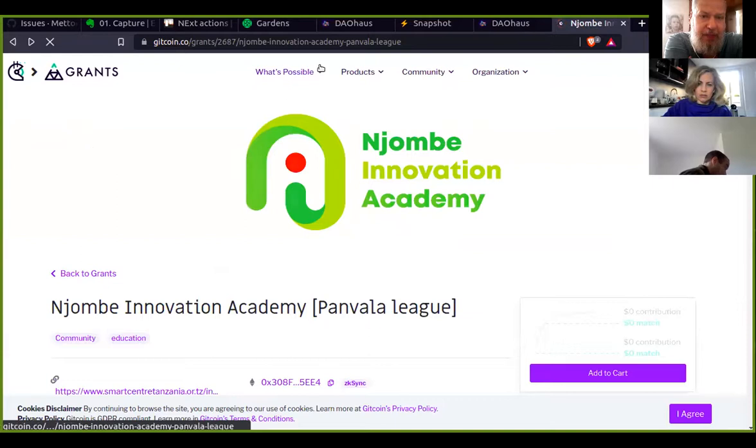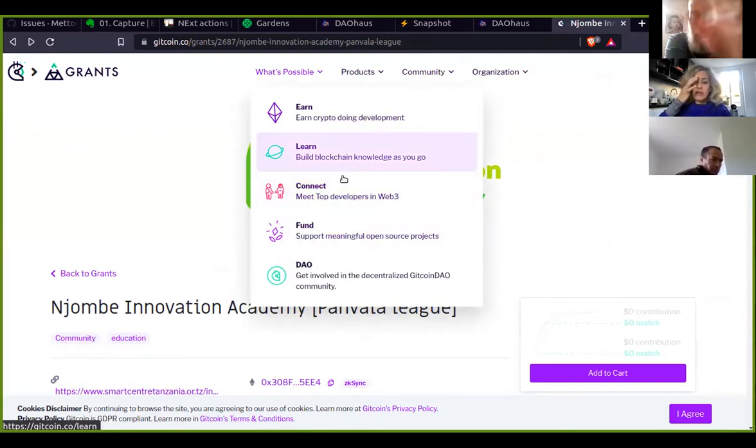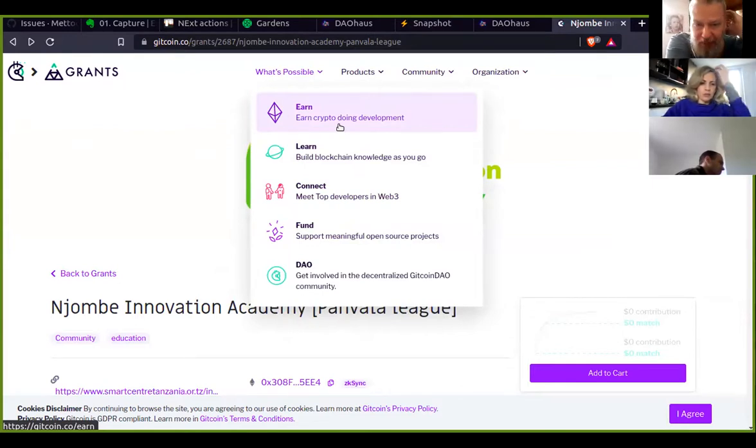What is possible? Yeah. So you can earn, right? If you are a dev, a coder, you can earn all over the place by participating in hackathons, going after bounties, a lot of sorts of bounties. You can learn about Web3 infrastructure. You have this connection with top developers, people that are really deep in the Web3 environment.